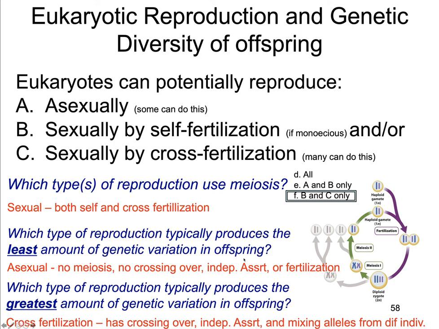And therefore there's way less mixing of alleles. The only way that you get any genetic variation produced in asexual reproduction is if mutation occurs during mitosis, and that's very rare. Whereas sexual reproduction by cross-fertilization is going to have the greatest amount of variation produced because it has crossing over, independent assortment, and mixing of alleles from different individuals that potentially have very different pools of alleles in the first place.